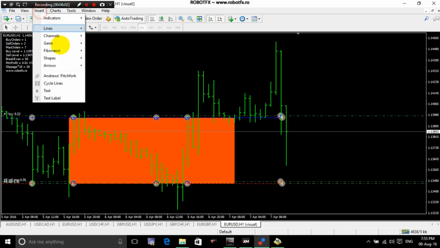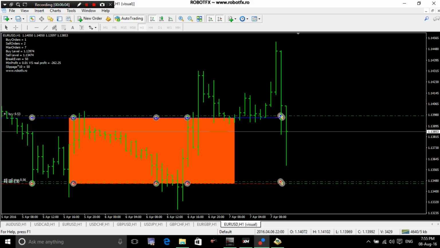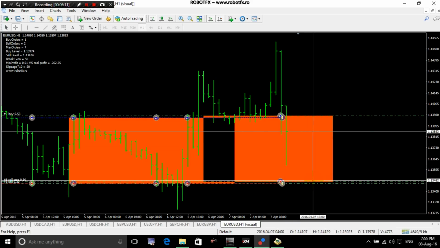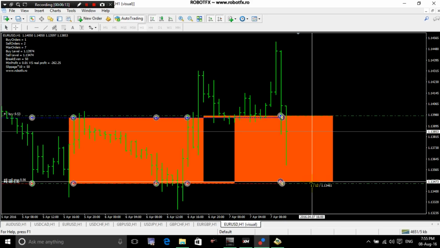Basically, what it did is move the entire recovery zone. This is what happens: it moves the entire recovery zone, and in this scenario that was 1.2, 1.4, let's say 1.5 pips. It shouldn't affect your trading style whatsoever.